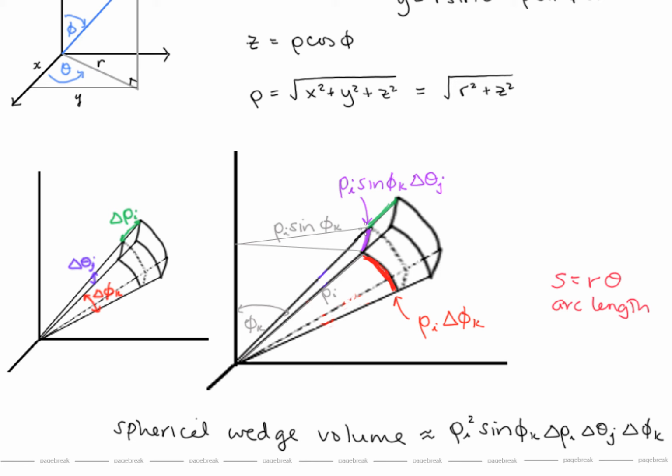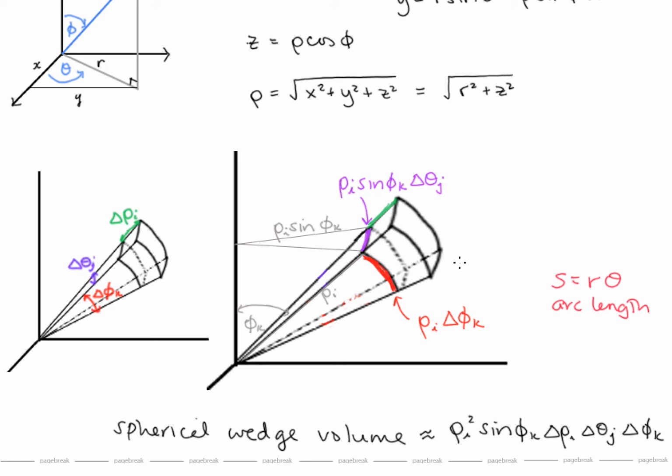Similarly, our purple side here is another circular arc, but its radius is coming from here, and that distance is rho i sine phi k. And this angle is delta theta j. So this circular arc measures rho i sine phi k delta theta j. And the green side here, we already said was delta rho i.